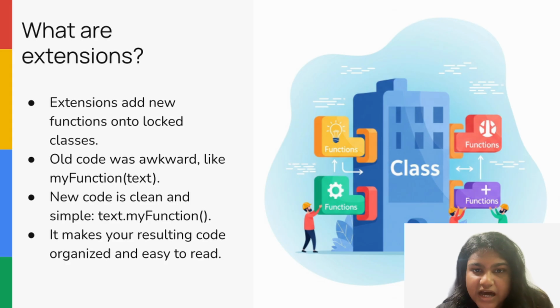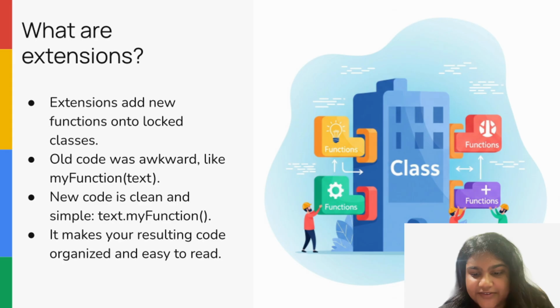You're almost never the architect of the building. You're using the Flutter SDK or the Dart core libraries. Those buildings are already finished. The concrete is dry. You cannot just walk in and add a new room because you don't own the blueprints. This is exactly where extensions come in.